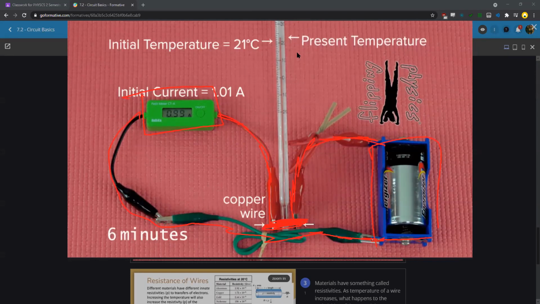The current decreases. Yeah. So as time goes on, guys, as you keep running an electric current through something, the temperature increases. But because the temperature increases, your electric current, the rate at which electrons flow through a wire, decreases.